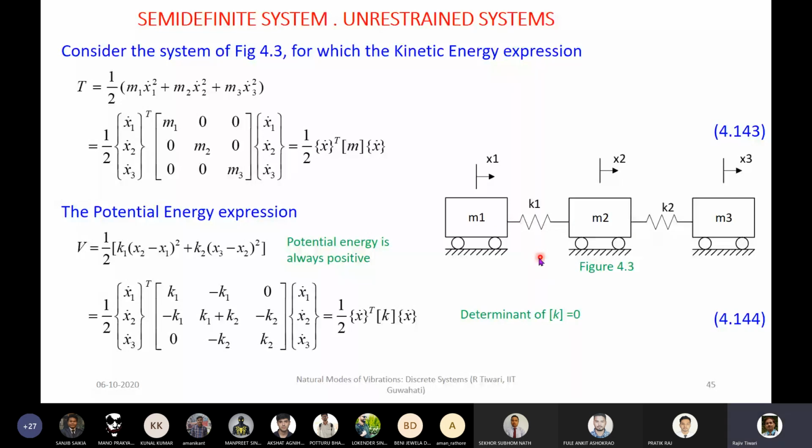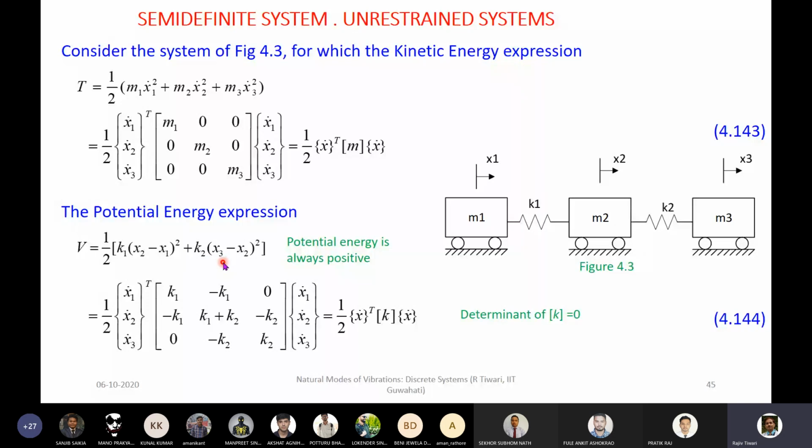The vibration is taking place in the horizontal direction. So we can write the kinetic energy of this and the potential energy of this, because k1 has displacement x2 minus x1, and k2 has the extension x3 minus x2. So that potential energy is there.